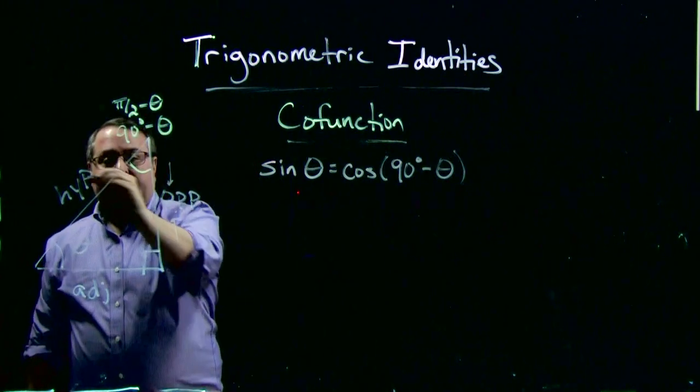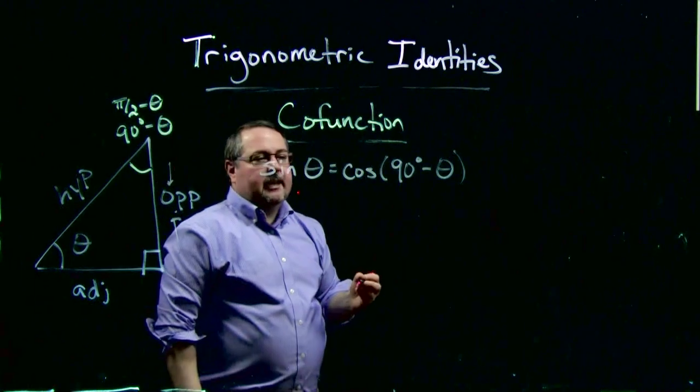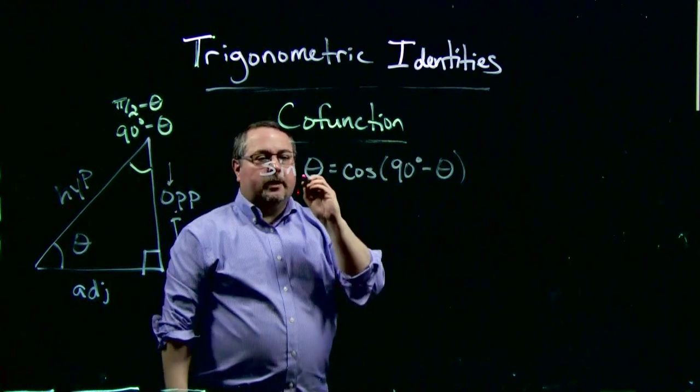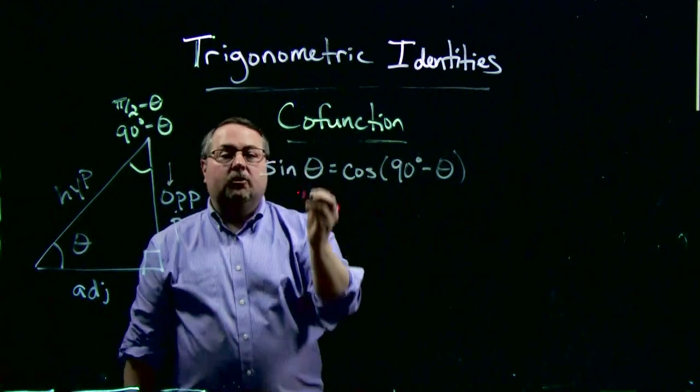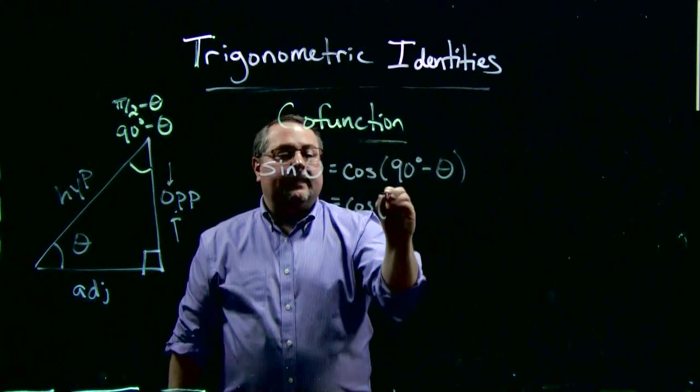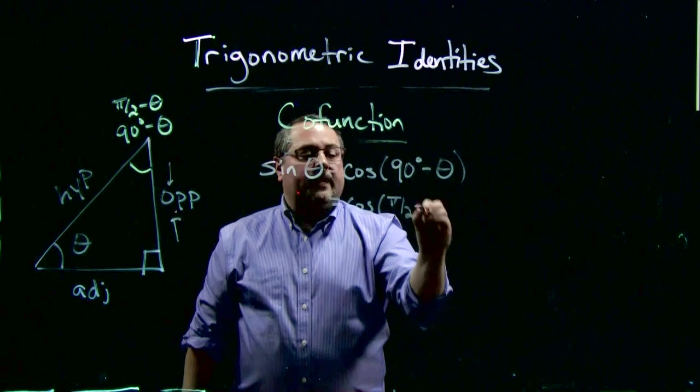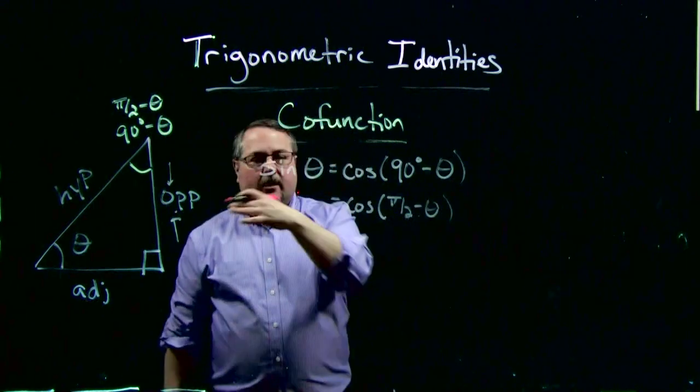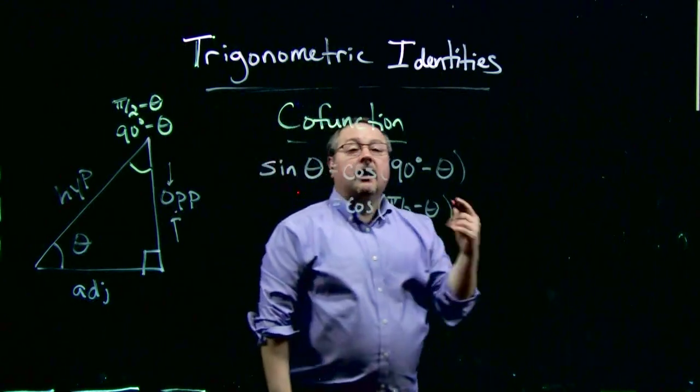So it's going to be this side over this side. So the ratios are the same. And again, we can do this with 90 degrees, or we can do it with pi over 2. So it's going to be the same thing as the cosine of pi over 2 minus theta, depending on if you're in degrees or radians.